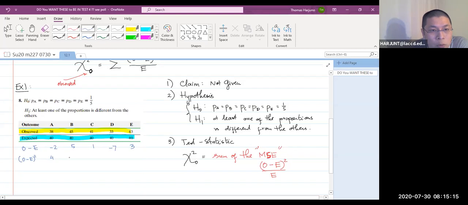This is 4, 25, 1, 49, 9, and then divide by the expected. So this will be 4 over 40, 25 over 40, 1 over 40, 49 over 40, 9 over 40.